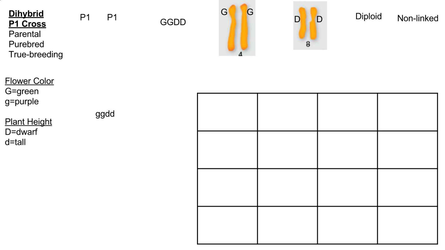Now, if we think about the other P1 here, we got little g, little g, little d, little d. And again, if we're thinking non-linked, we should be picturing separate autosomes for each trait.